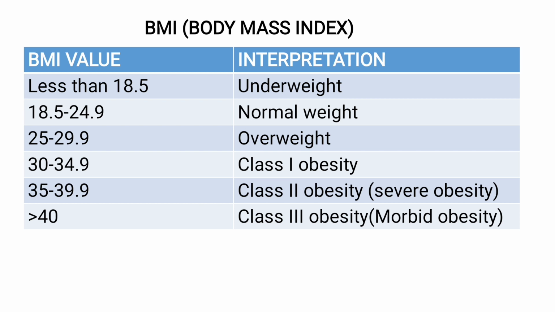If the BMI value is less than 18.5, underweight; 18.5 to 24.9, normal weight; 25 to 29.9, overweight; then it can be obesity: 30 to 34.9, class 1 obesity; 35 to 39.9, class 2 obesity, that is severe obesity; more than 40, class 3 obesity, that is morbid obesity.